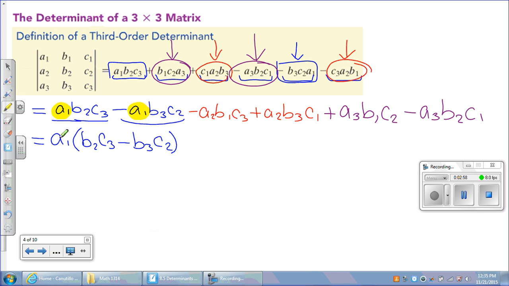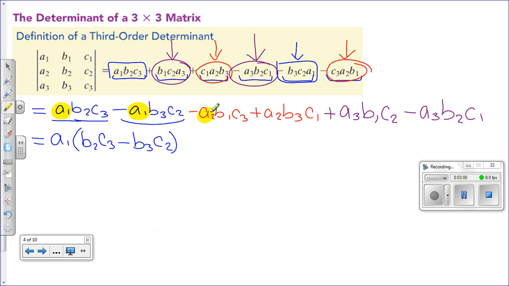Now, from the next two terms, I'm going to factor out A sub 2, and actually I will factor out negative A sub 2. So that would be minus A sub 2. If I factor that out from here, I will get B sub 1, C sub 3. And if I factor negative A sub 2 from here, I will get minus B sub 3, C sub 1.